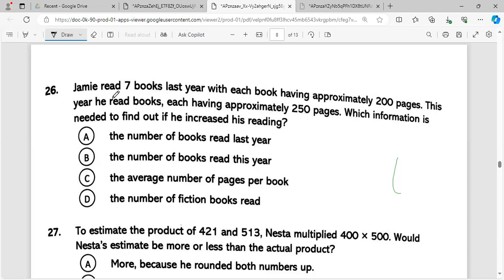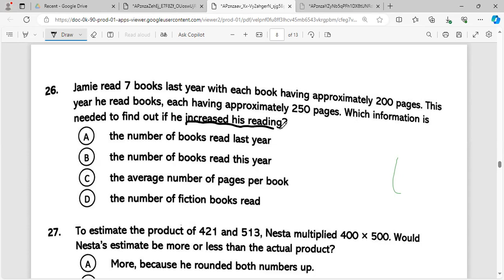Alright, I agree. Yeah, so he said Jamie read 7 books last year, with each book having approximately 200 pages. This year, he read books, each having approximately 250 pages. Which information is needed to find out if he increased his book reading?